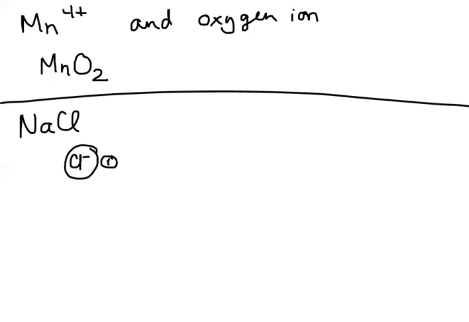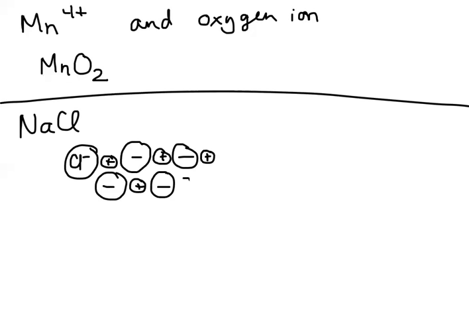I don't have room to write the plus, but you have a large minus and a small plus, etc. Because opposites attract, it's going to switch off every one. So it's going to form a lattice that stacks in three dimensions, but it stacks every other one. This is a relatively simple one in that we have one cation and one anion.